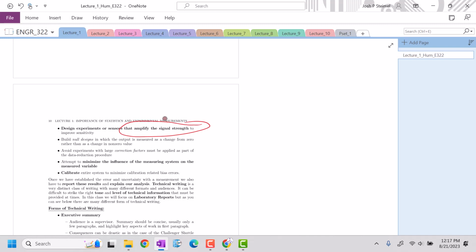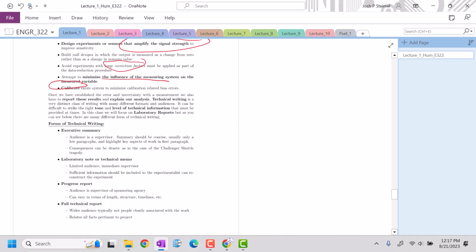We don't want large correction factors. We want to minimize the influence of the measuring system on the measured variable. We want very, very good calibration. We want to be cognizant of bias error and precision error when we're designing our system in order to minimize that, because once the system is developed, it's very expensive to go back and minimize that error. So we want to do that prior to performing the experiment.